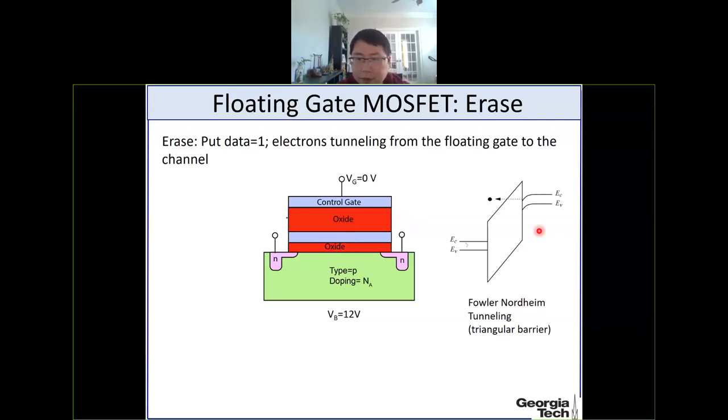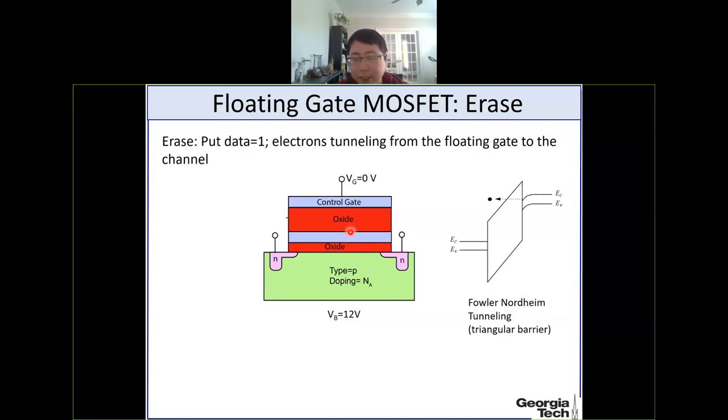I got another question. So for the floating gate, it doesn't need a periodic refresh. That's correct. This is for non-volatile memory. Once you program the electrons into the floating gate, they will stay there for a long time, like years. So you don't need to do refresh because it's stable there.